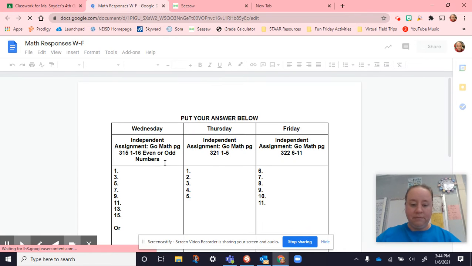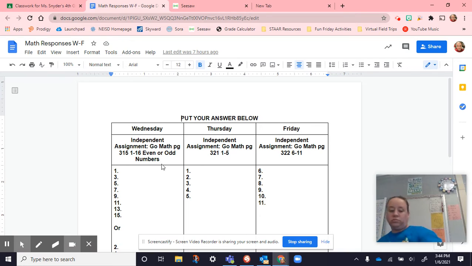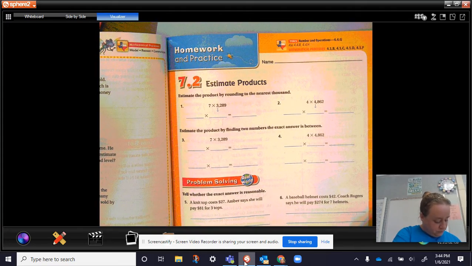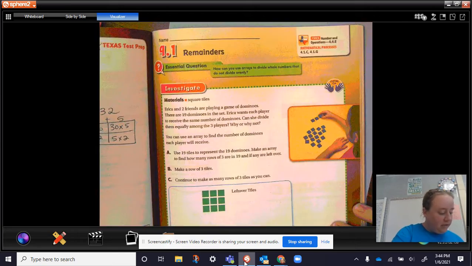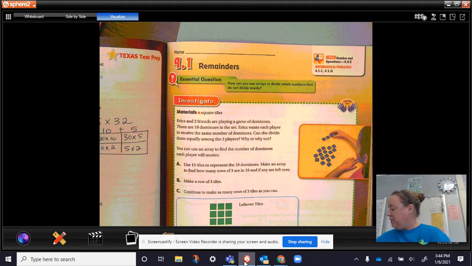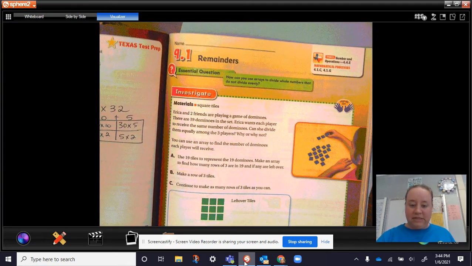So today, let me get my book. All right, so today we started talking about remainders. Here we used our beans, and it says Erica and her two friends, on page 311, are playing a game of dominoes, and there are 19 dominoes in the set.